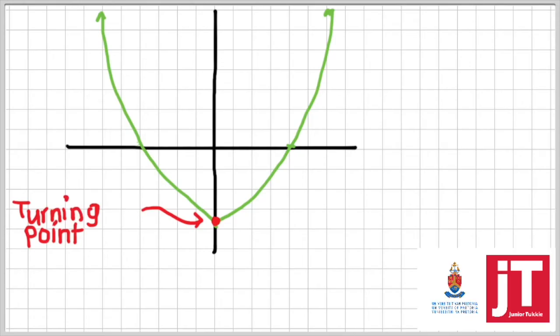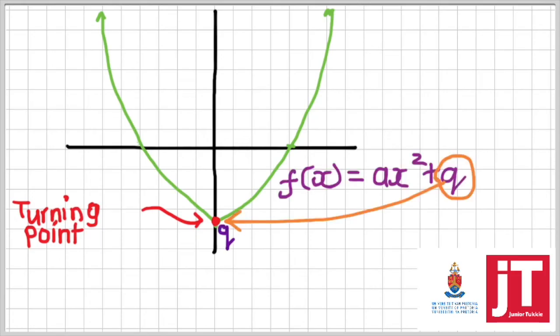The turning point happens to be the lowest point or the highest point on any parabola. If you are given a function like f of x is equal to ax squared plus q, we've already stated that the q value represents the shifts of your graph up or down.